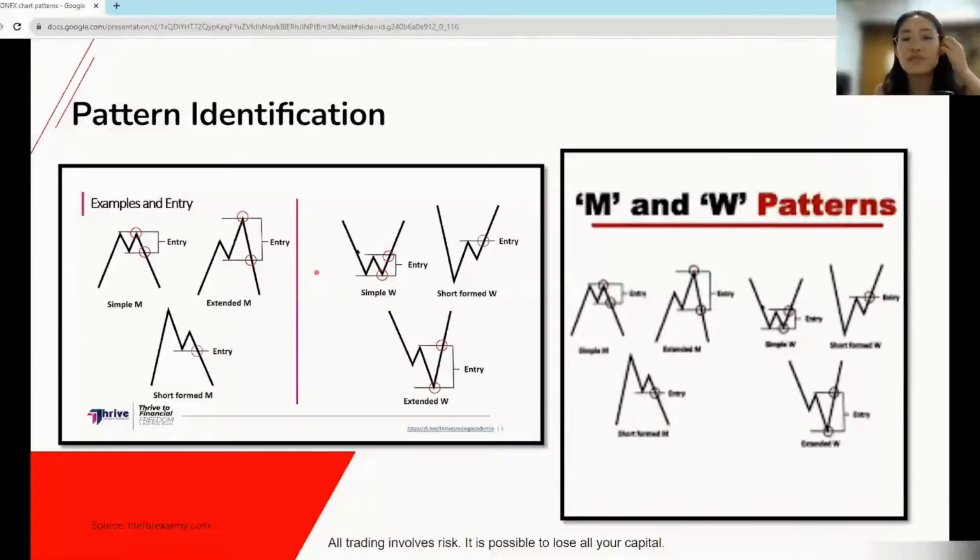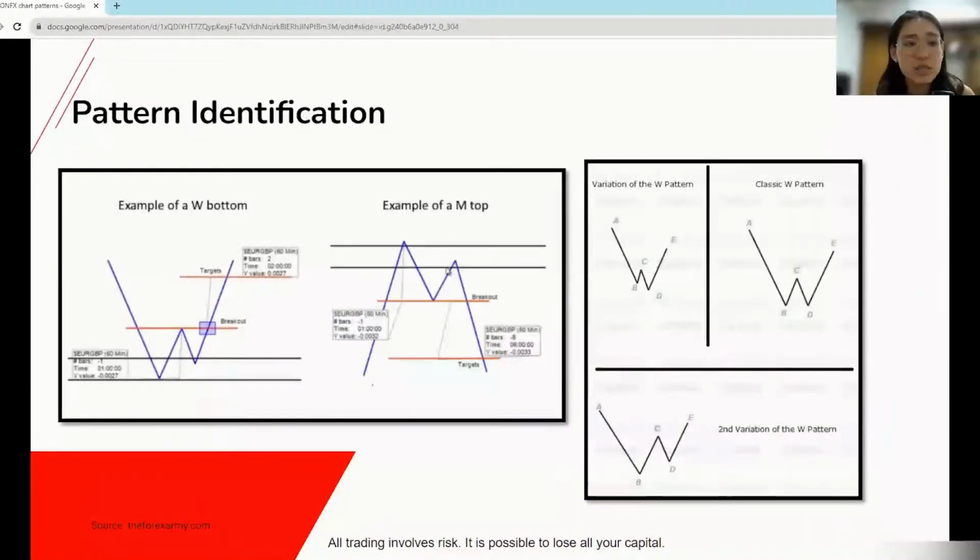Okay, so we went through a couple of M's and W's earlier, so I'm just going to move on to show you guys how to identify some patterns. Here are some variations of our M and W points. The breakout points, as we mentioned earlier, happen once price has broken out of the neckline area.